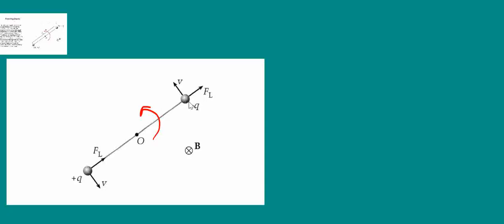The Lorentz force acting on this charge will be this. Definitely you can find the direction with the right hand screw rule, and on this charge the Lorentz force is in this direction, and the magnitude of the force will be simply qvB.